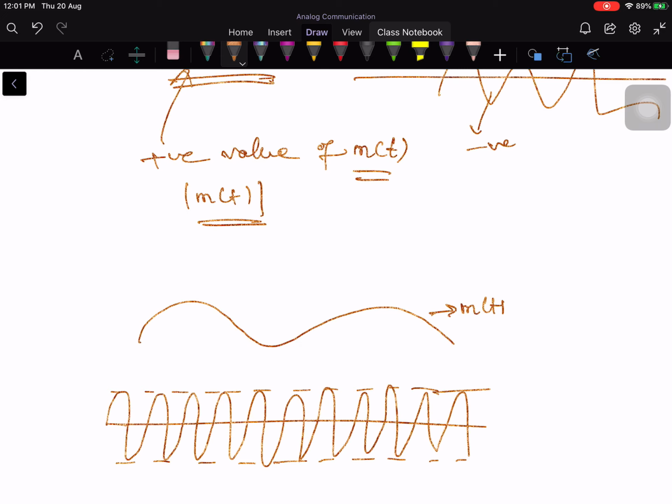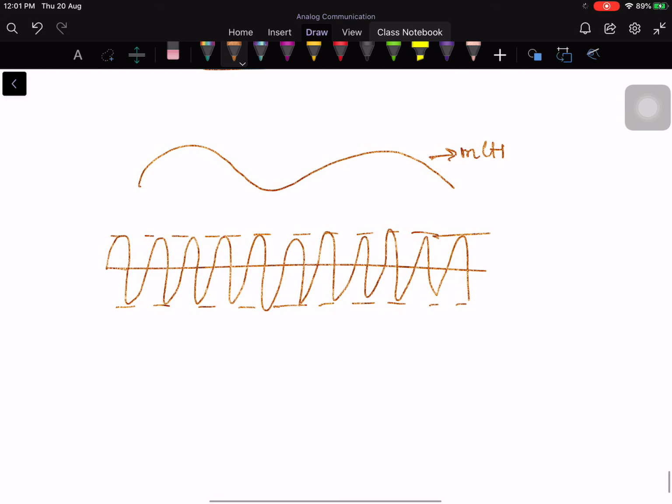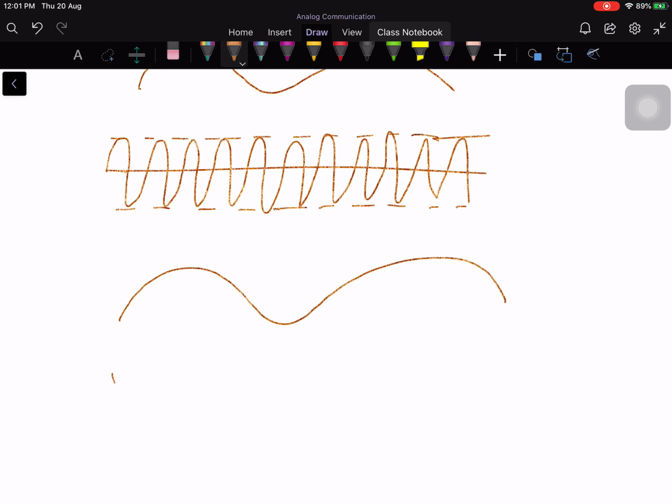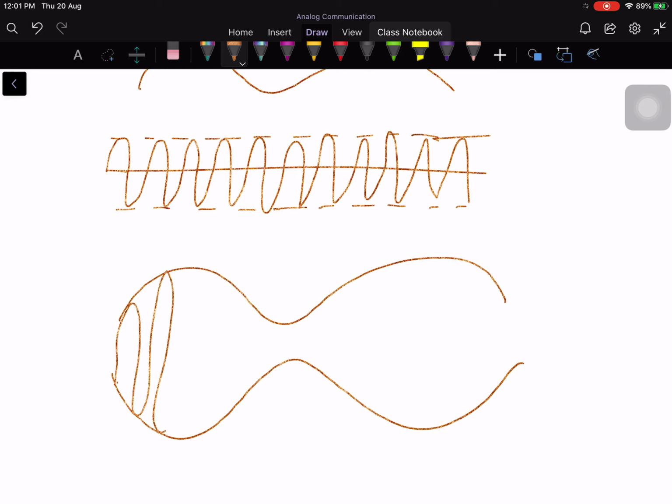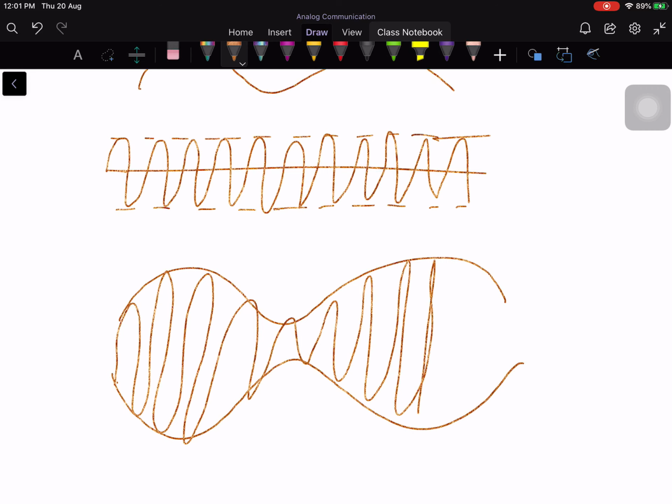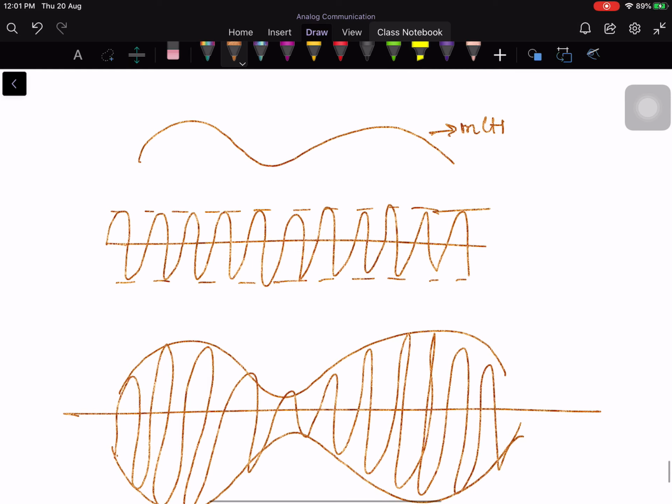Then if you multiply these two, it looks like this. So it oscillates between like this. Now this is a zero crossing line and this is a zero crossing line.